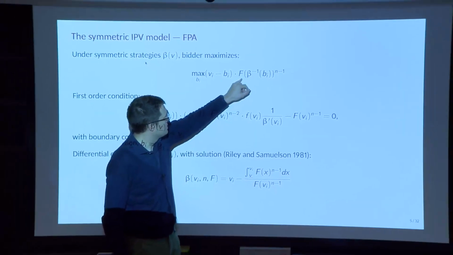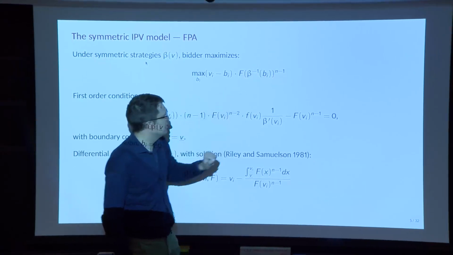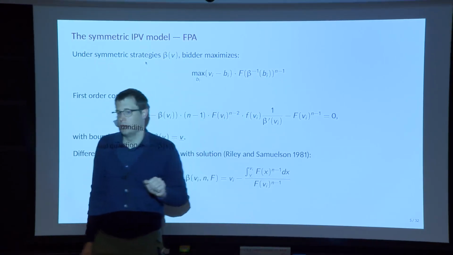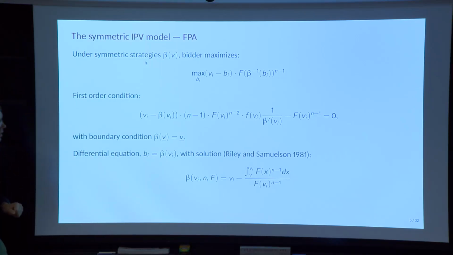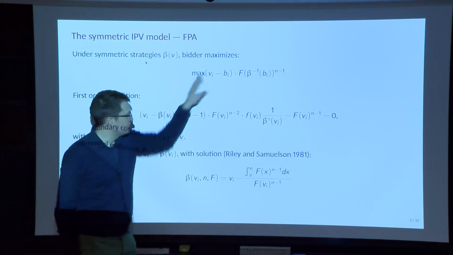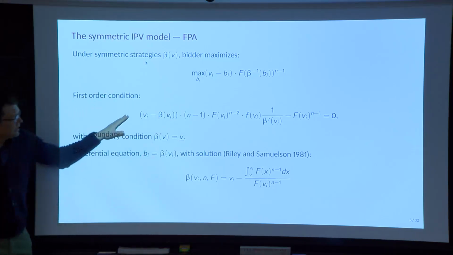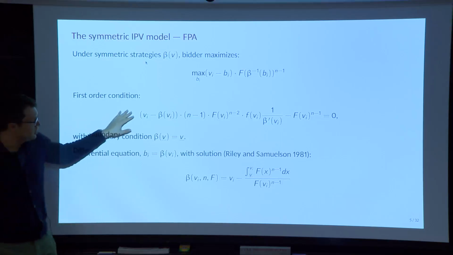And this is the distribution of valuations. So we want to map back to this, and so we take the inverse of the symmetric bidding function, mapping back from the bid to the valuation. And take the first order condition.